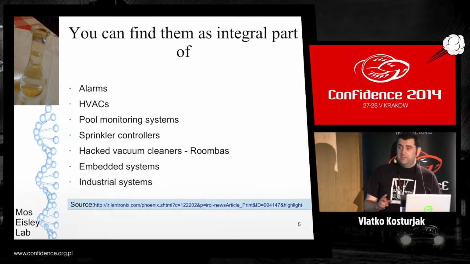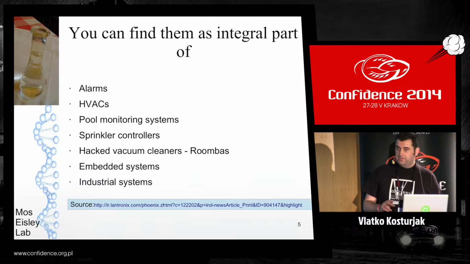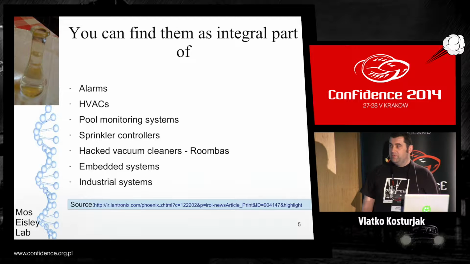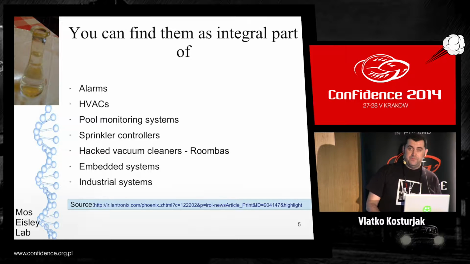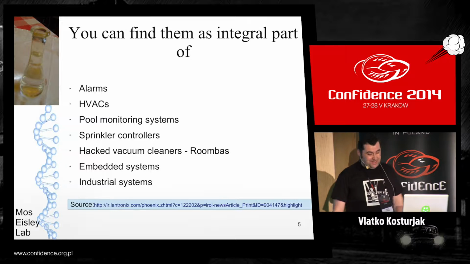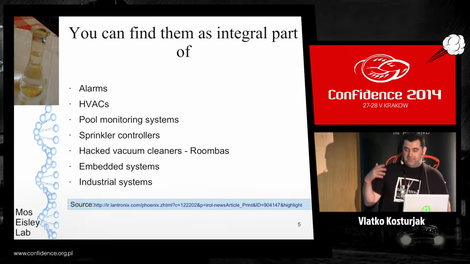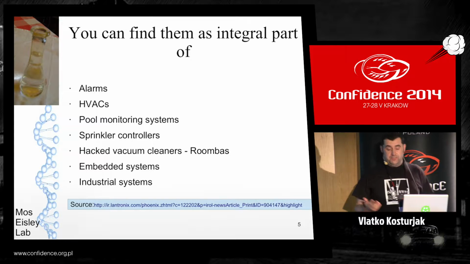You can find them in control systems for air conditioning, pool monitoring systems, sprinkler systems. So if you have some of these devices, if you open them, there is a high chance one of these is included, and of course it's accessible on the internet. I mean Ethernet. You can find a lot of those devices also accessible on the internet.